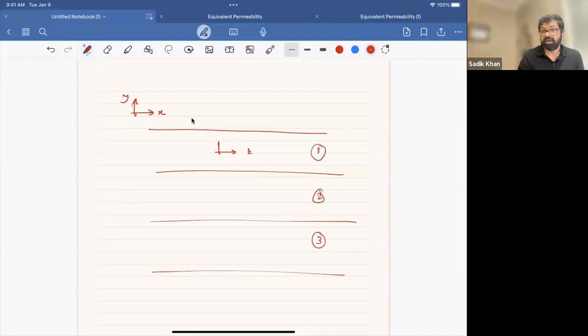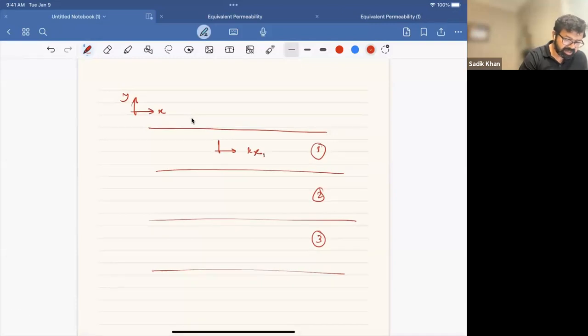The soil layer 1 has a permeability of KX1, and along the Y direction is KY1. Then it has the permeability KX2, KY2, and KX3, and KY3. Okay.